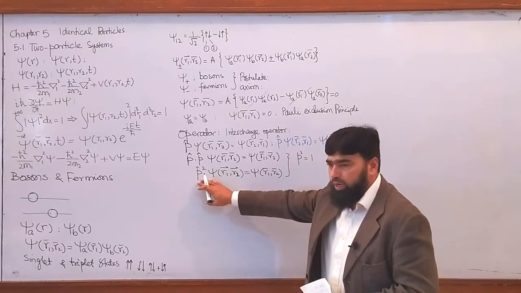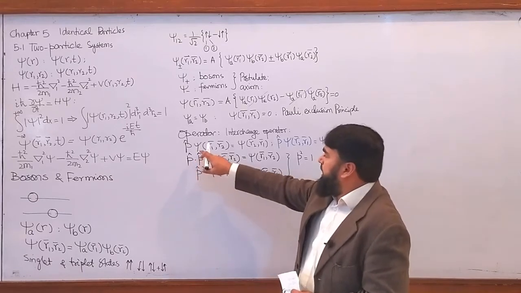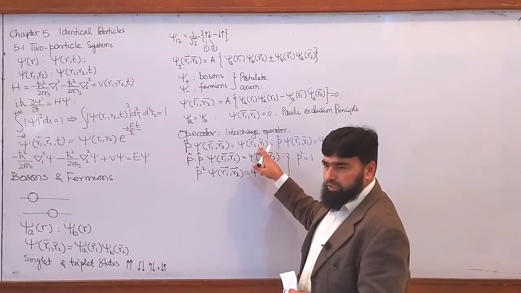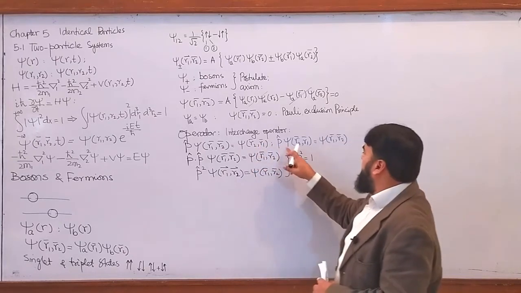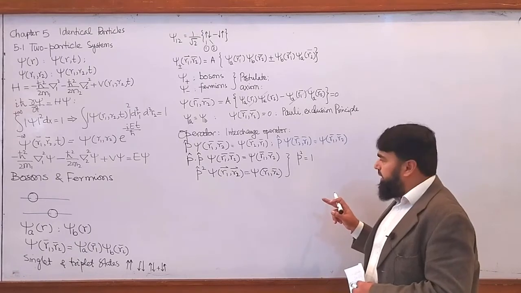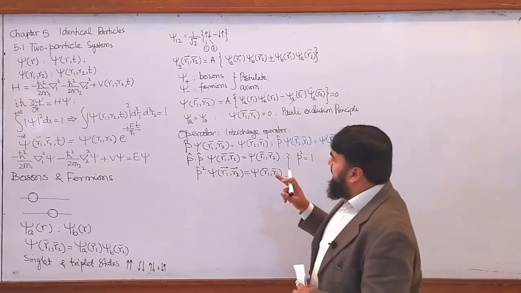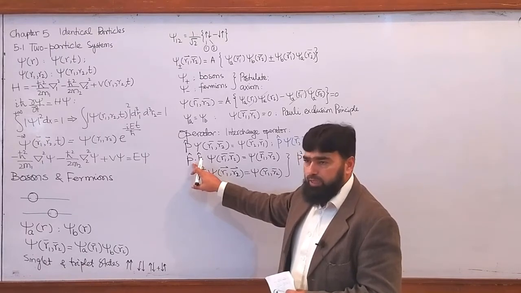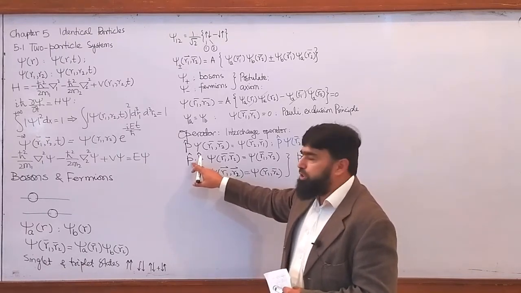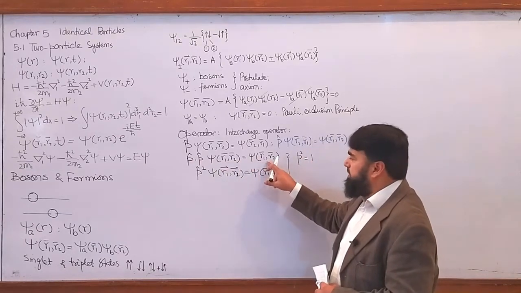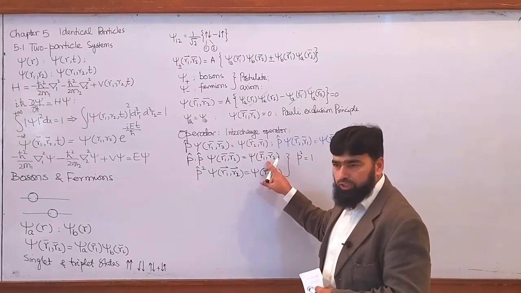It's just like 1. When I applied P, it changed the coordinates. I applied it again, it gave me those coordinates back. So if I apply P twice, I get the same state. When P squared is applied, the state remains unchanged.